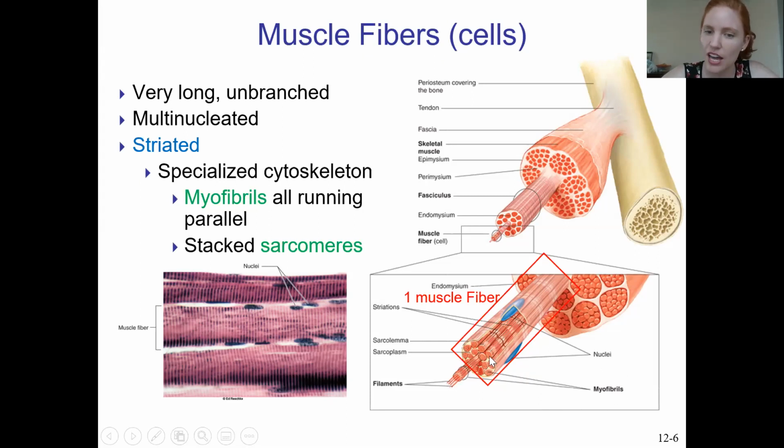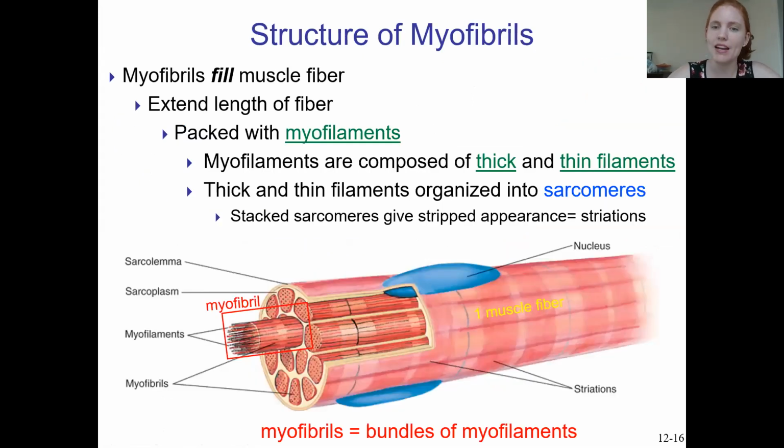Myofibrils are just a collection of the protein fibers, and those protein fibers are made up of myofilaments. So the individual protein strings, those are myofilaments, and you have thick ones, also known as myosin, and thin ones, also known as actin. They are then bundled and collected together to create one myofibril.